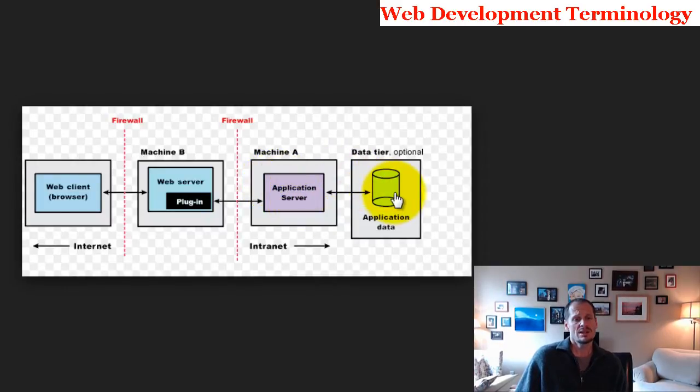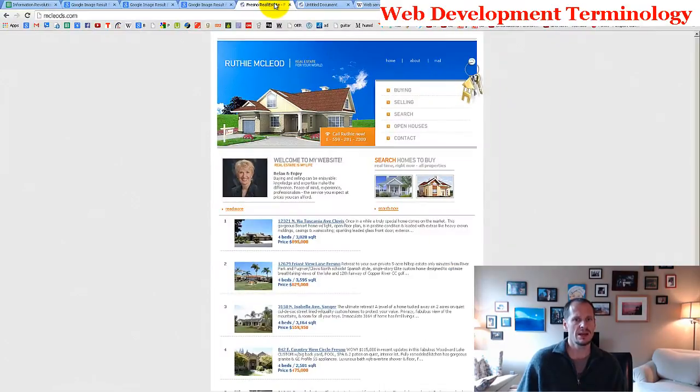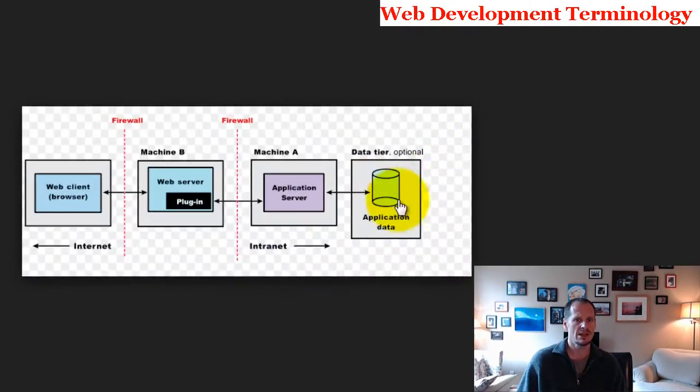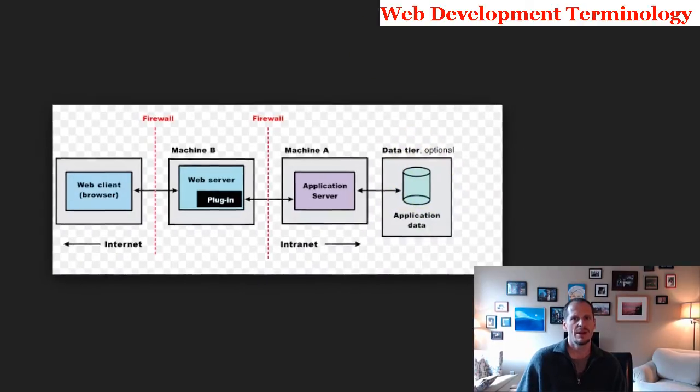Each of those could be separate machines, or it could be software running on the same machine. One machine could be running web server software, application server software, and also a database. They're three different pieces of software that work together to create dynamic websites. And a dynamic website is something that you can then update, so I could come in here and enter data or change data in the database.